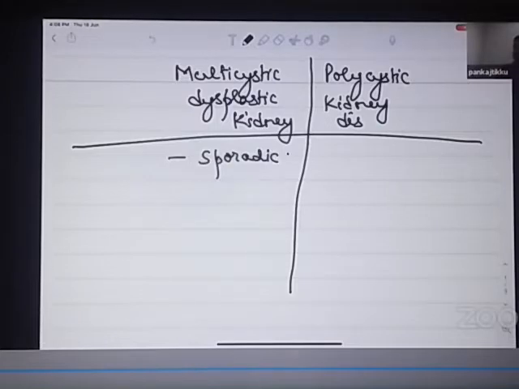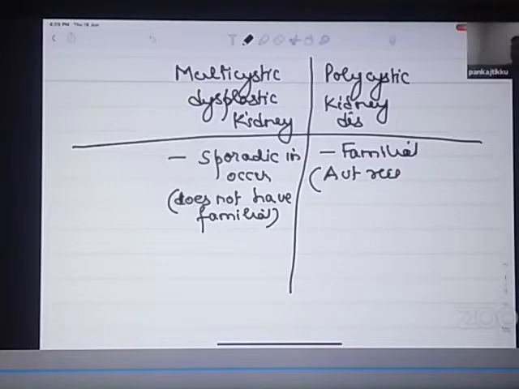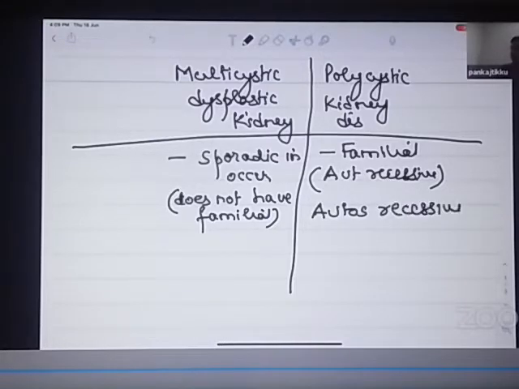So it does not have a familial pattern, that means it does not run in families. While polycystic kidney disease usually has a familial pattern, it runs in families. And what type of inheritance? Autosomal recessive. That is why it is sometimes also referred to as autosomal recessive polycystic kidney disease. In short, we call it ARPKD.